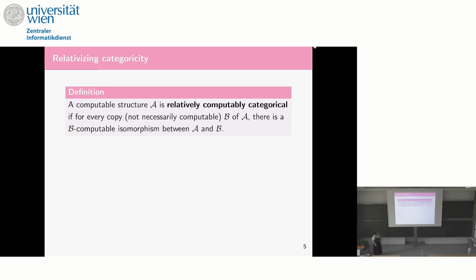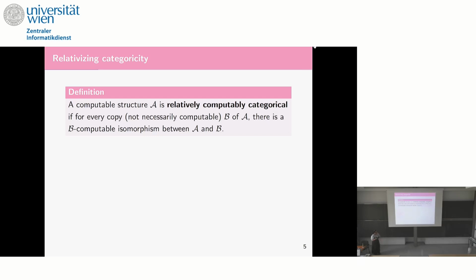You say a computable structure A is relatively computably categorical if for every copy B of A, and here we're not asking the copies to be computable, there is an isomorphism between A and B, and you can use data from B to build that isomorphism. This is very well understood. There's a lot of stuff on this in the literature already. In fact, last week it was mentioned that there's a very nice syntactic characterization of this relativization in terms of what was called Scott families.